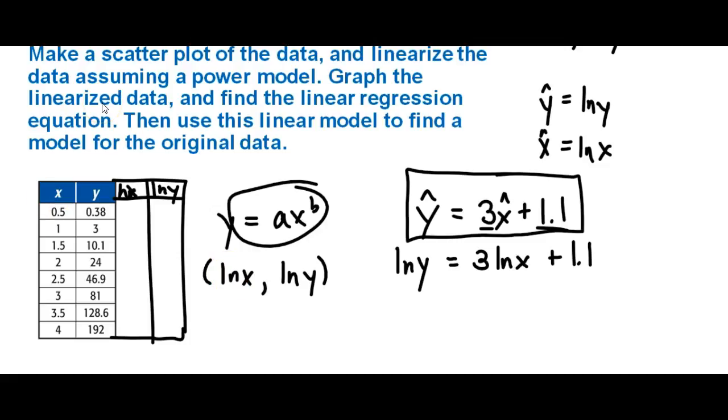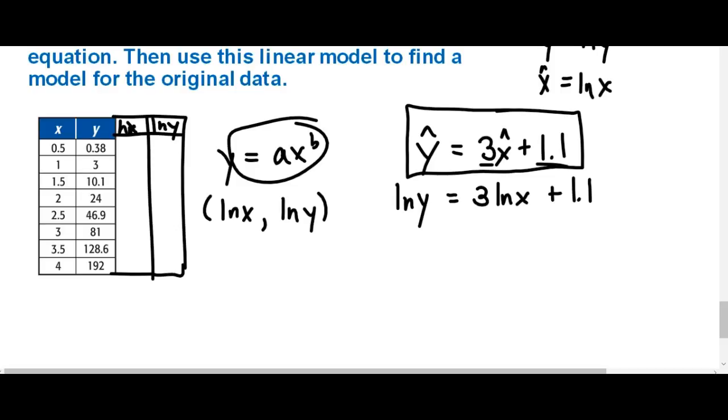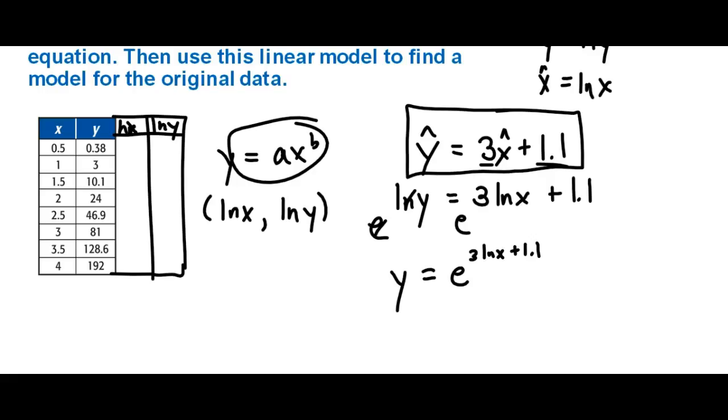So just real quick, one thing we can actually do with this is also simplify this natural log function. If I take e to the power of both sides, remember e and ln cancel out, so I get y on the left, and I get e to the 3 ln of x plus 1.1 on the right. I can separate that into e to the 3 ln of x times e to the 1.1.